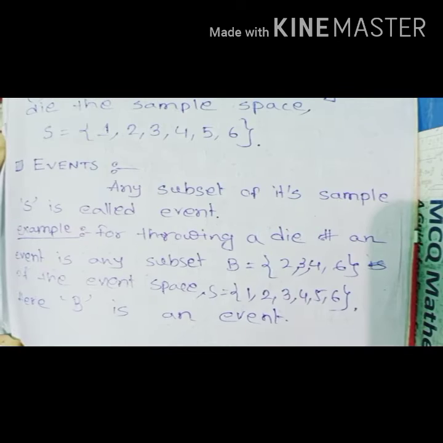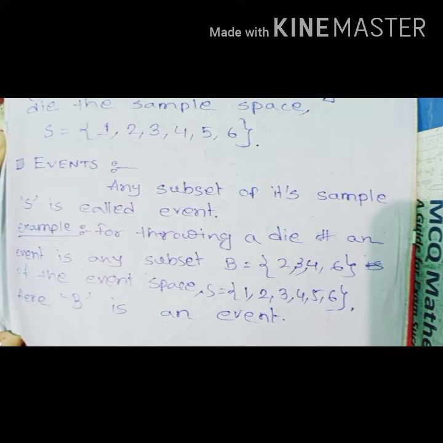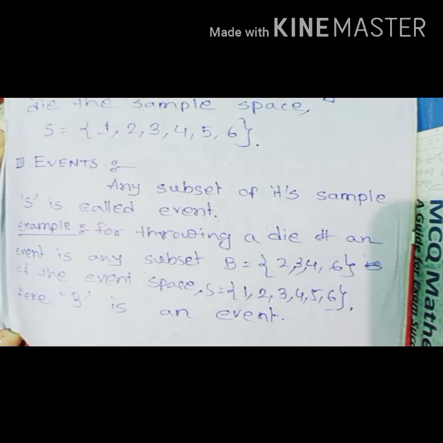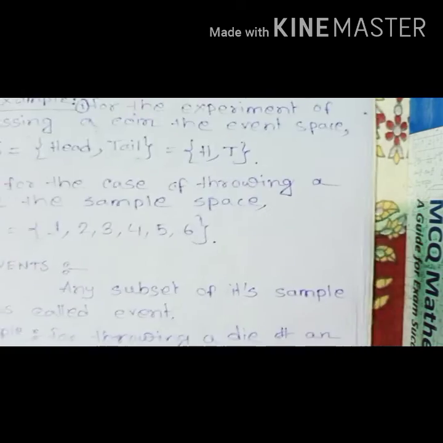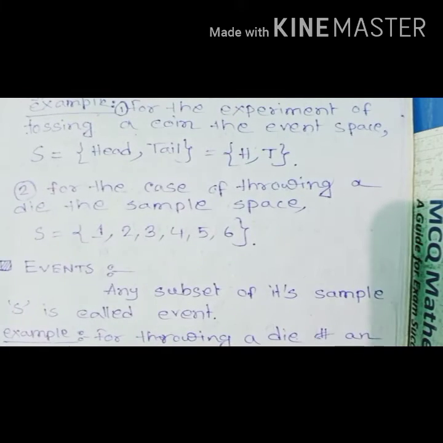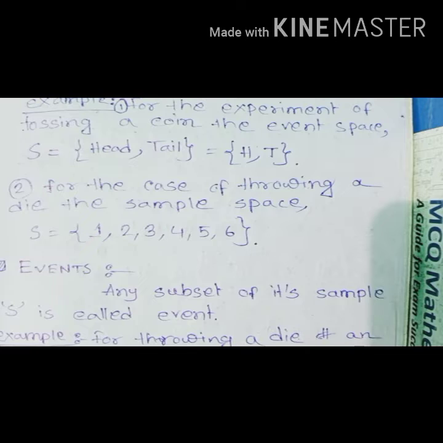Okay, the next is event. Now what is event? We are already introduced with random experiment and sample space. See, in sample space the results, all results individually, are called events.